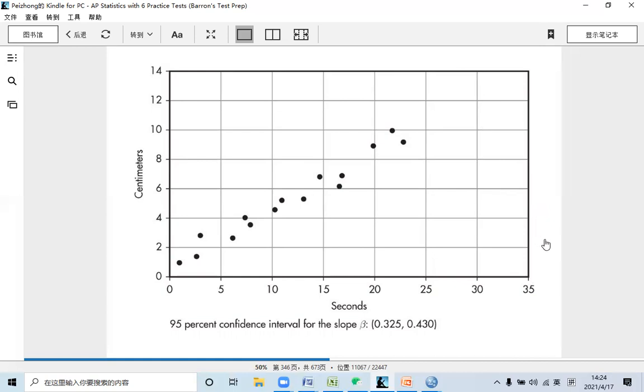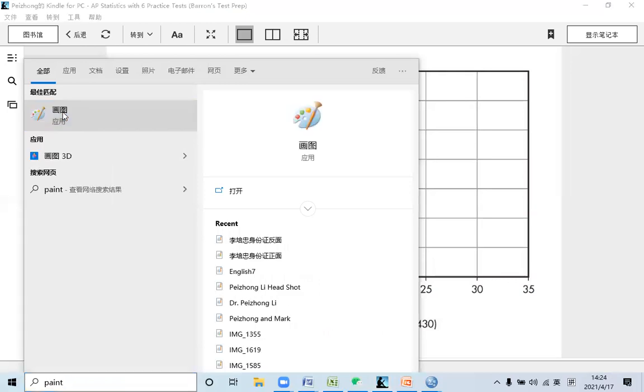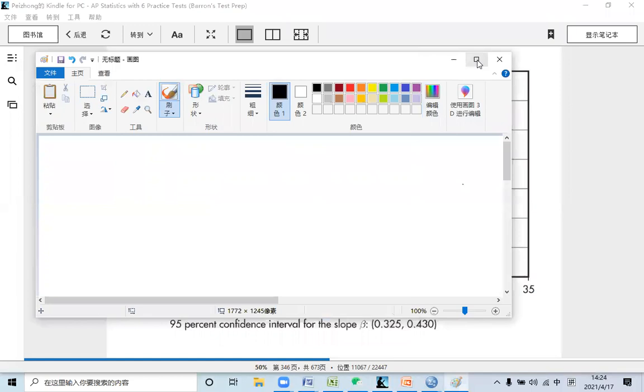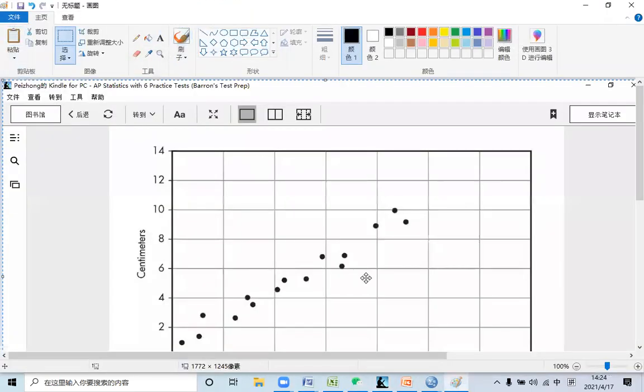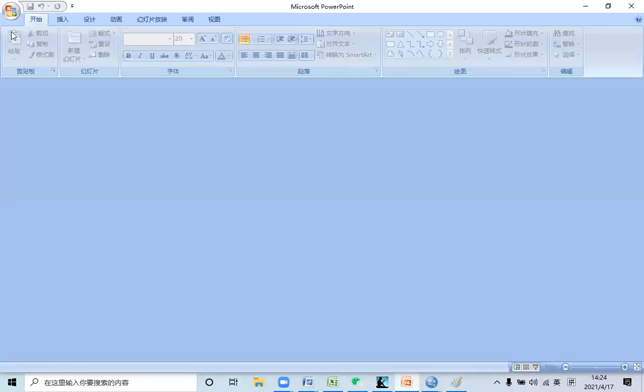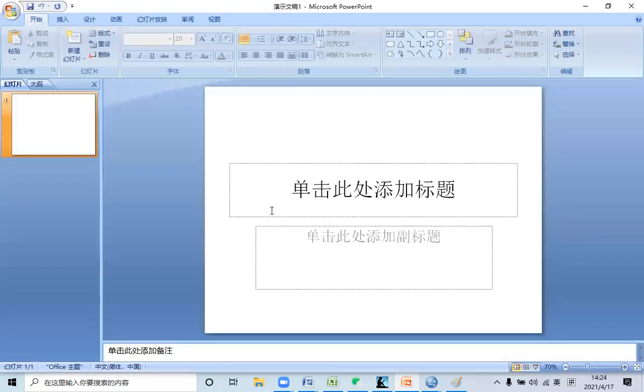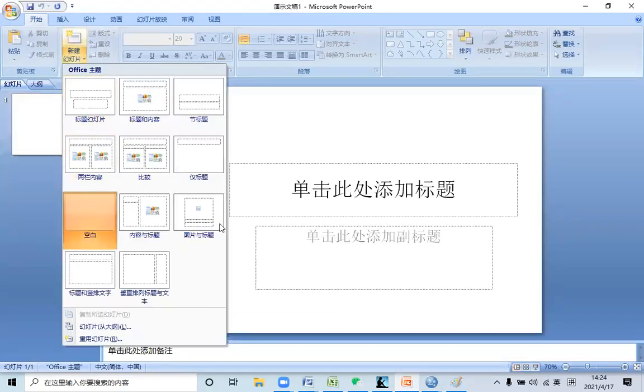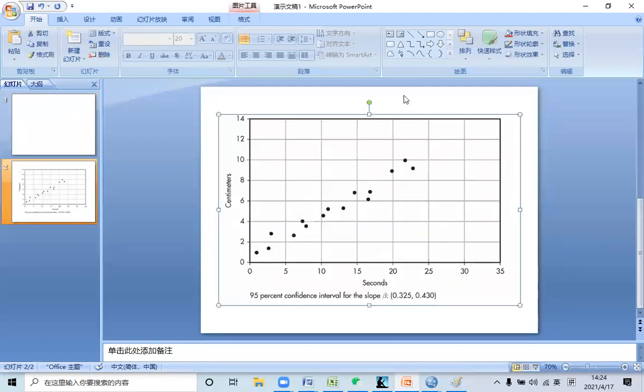Let me copy this one and get Paint. The 14, 35 point would be here.